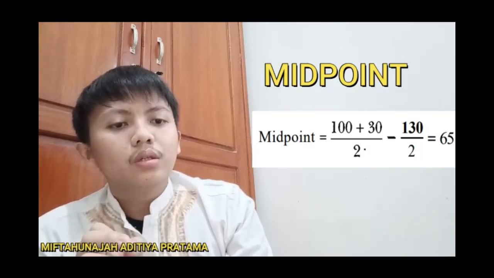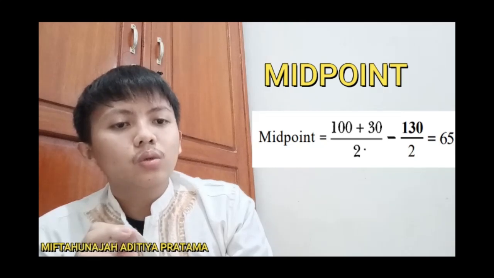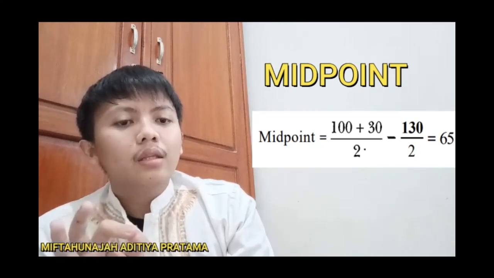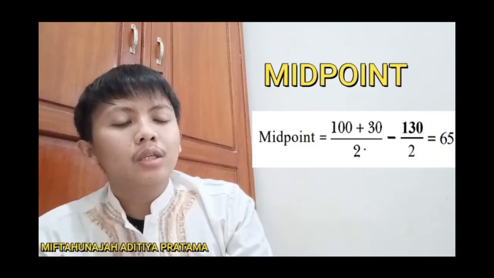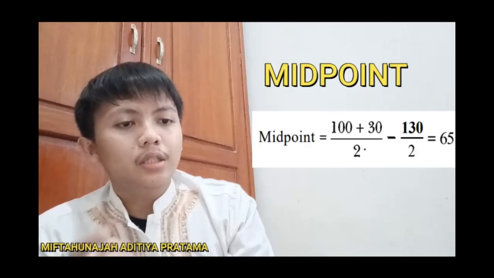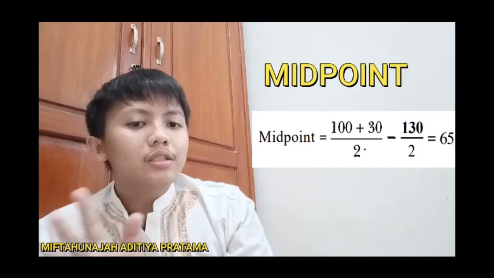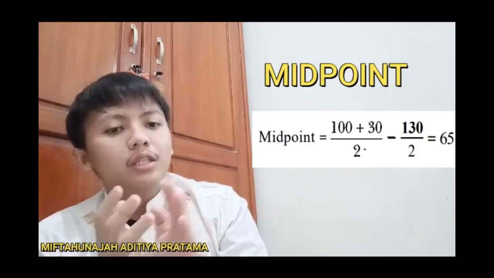Then add the low score to the high one: 100 plus 13 equals 113, and divide the result by 2.